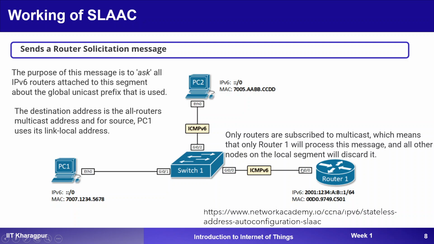So we have to combine both these things together, and at last we will get the global unicast address. And again we have to perform duplicate address detection as we have done in the previous step, to check whether this address is unique or not, and if this address is unique, then that particular address is assigned to the system.